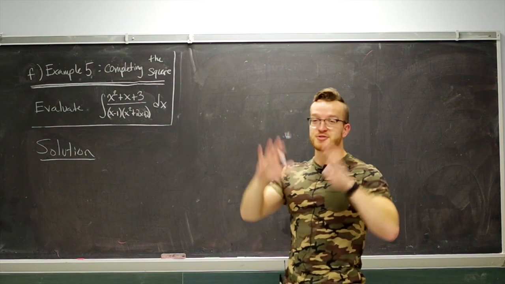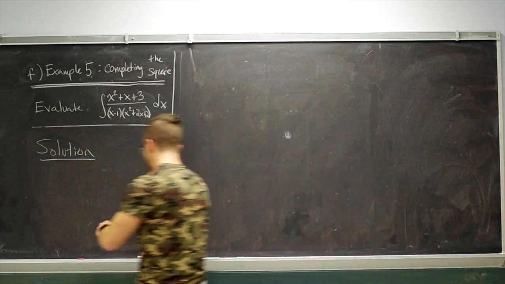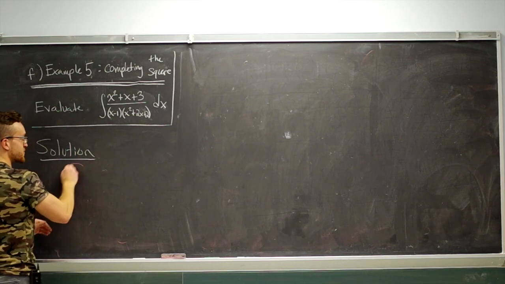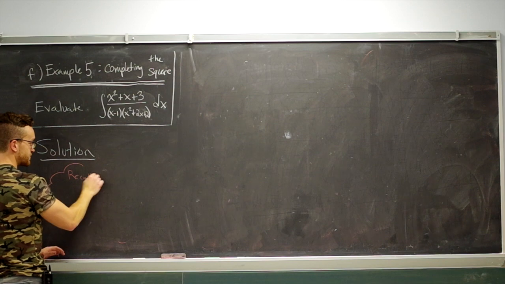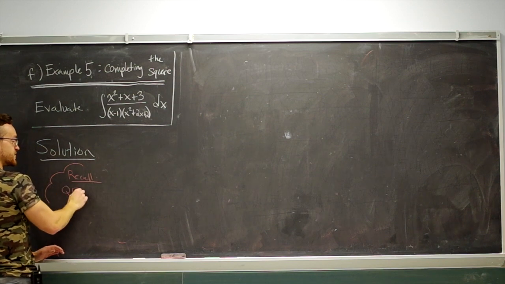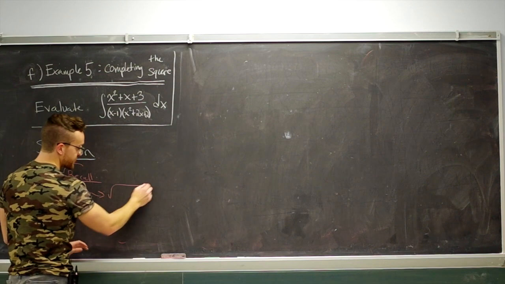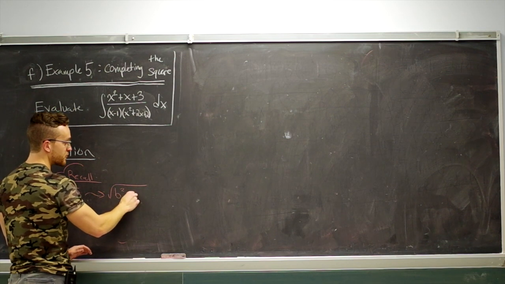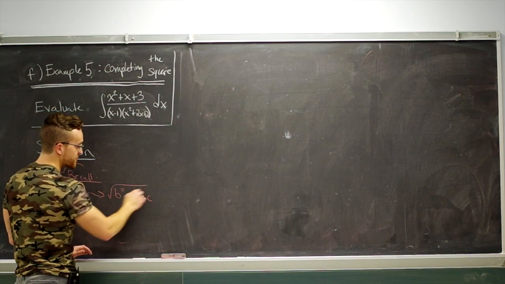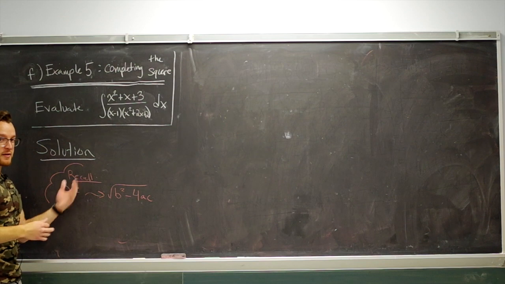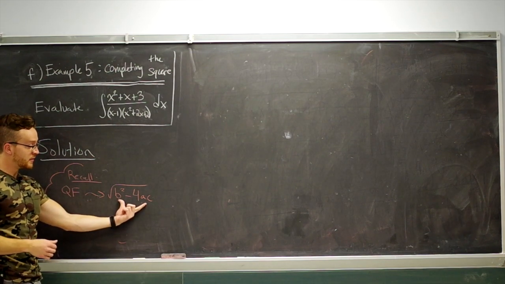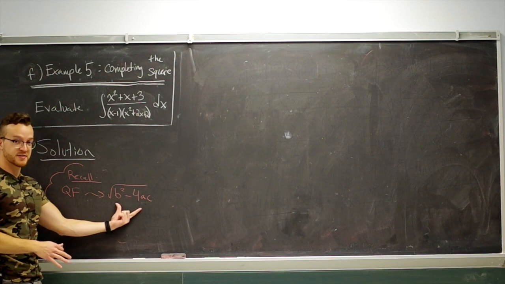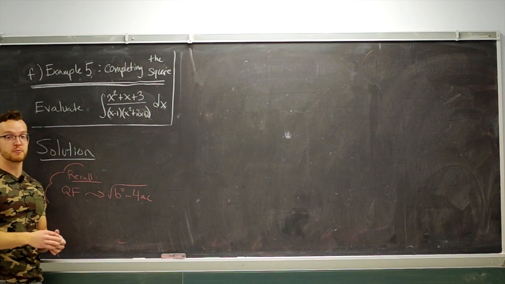You can use the discriminant. Now, what is the discriminant? It just comes from the quadratic formula. So the quadratic formula has this term in it that looks like the square root of b squared minus 4ac. And the point is that if this number is negative, this expression won't make sense, and therefore you won't have any roots.